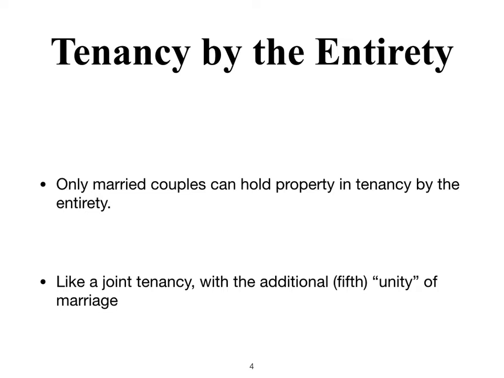Well, if you, for example, own property with a house on it in tenancy by entirety, and one spouse wants to go take out a secured loan on the property, they have to get the permission of the other co-tenant.